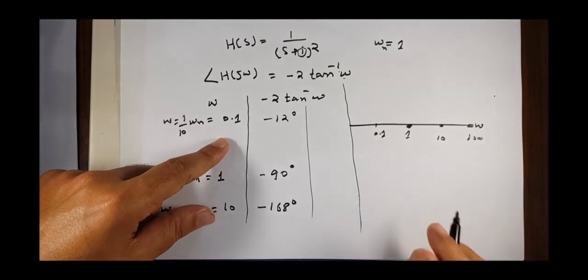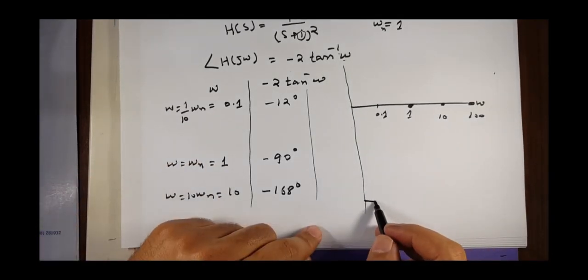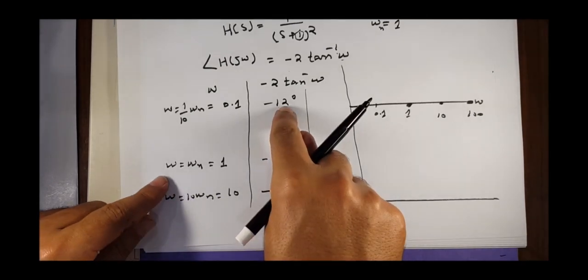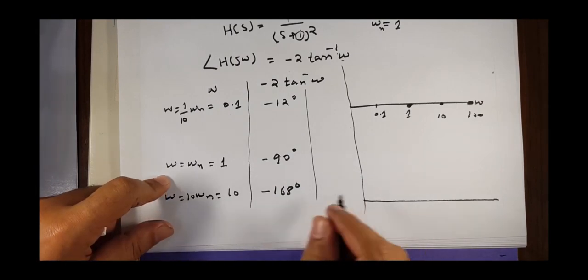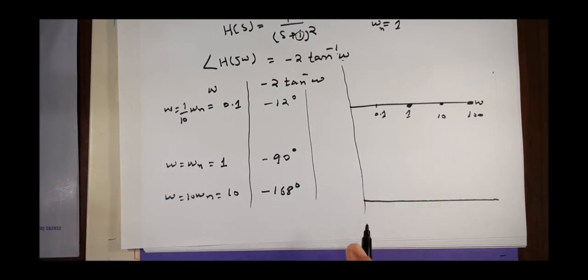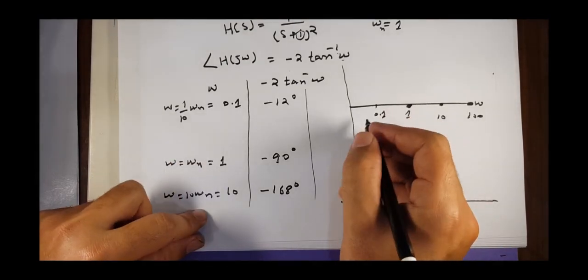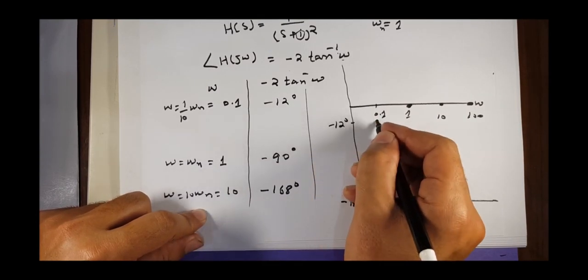Now what will be our asymptote? Because each angle is multiplied by 2, our asymptote will also be multiplied by 2. Before this was minus 90 degrees, now this will be minus 180 degrees, right? At 0.1, before this was minus 6 degrees, now this is minus 12 degrees.